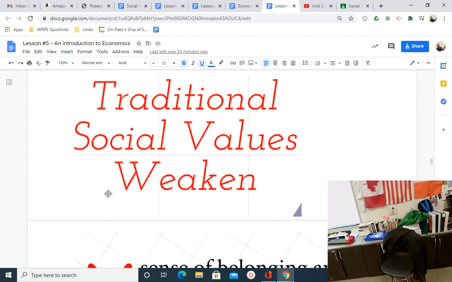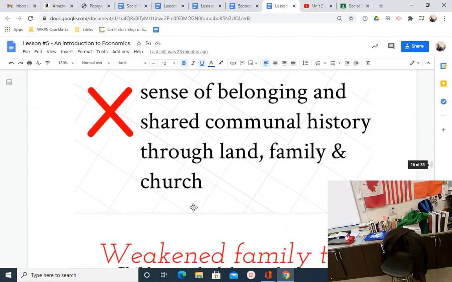But in a traditional way, people might look at the Industrial Revolution and say it's bad because it attacked traditions, it changed lifestyles, got rid of that sense of belonging together, that shared communal history that you've lived in that village for generations, that you exist through your land, your family, and your church, and you identify with the same church your family's been going to for generations, the same land you've been working for generations.